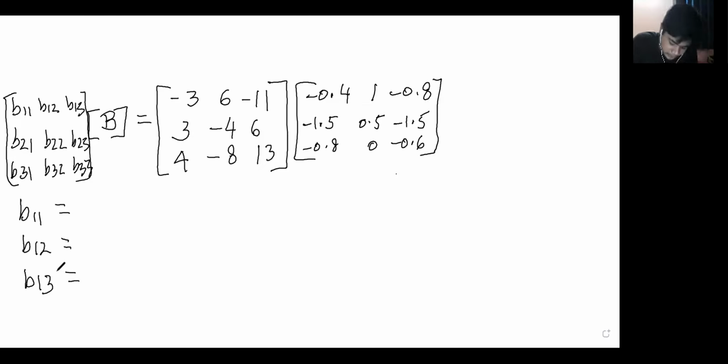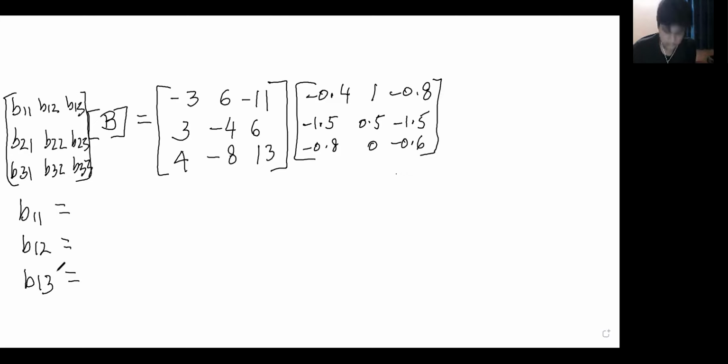We have done minus 3 into minus 0.4, because we did several problems. 6 into minus 1.5, sir. Correct. That is equal to minus 7.8.